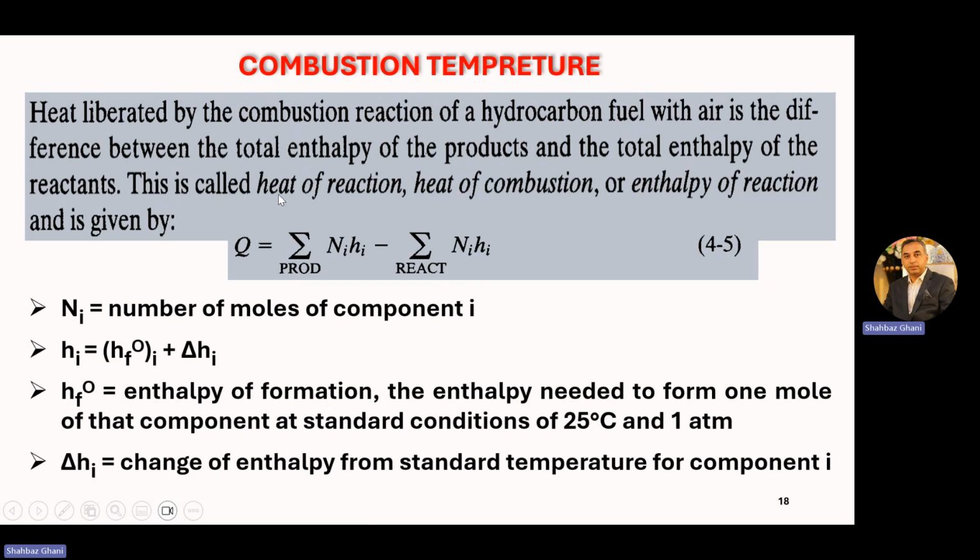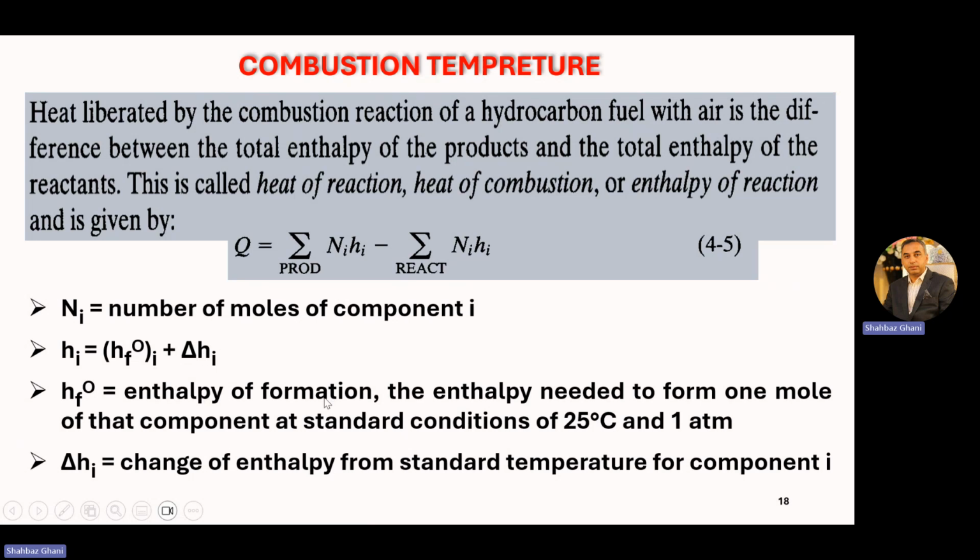This is called heat of reaction, heat of combustion, or enthalpy of reaction, and is given by the equation Q is equal to summation of products NiHi minus summation of reactants NiHi, where Ni is the number of moles of component i, and Hi is Hfi plus delta Hi.